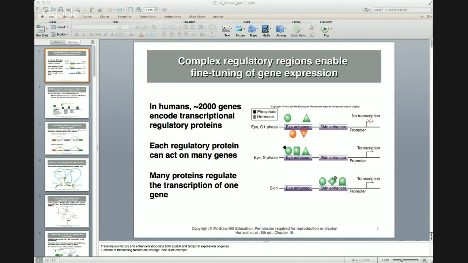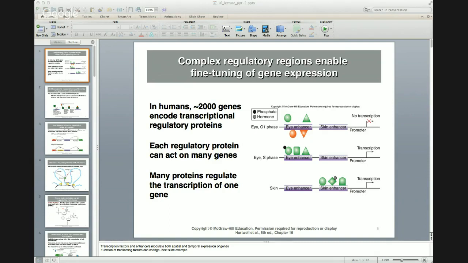The answer is the presence of sequences known as insulators. Insulators are located between an enhancer and a promoter, and they block access to the promoter. This figure shows an enhancer and two proteins. One is called GFP, or green fluorescent protein. Another is RFP, red fluorescent protein. This enhancer theoretically can affect expression of either of these genes.